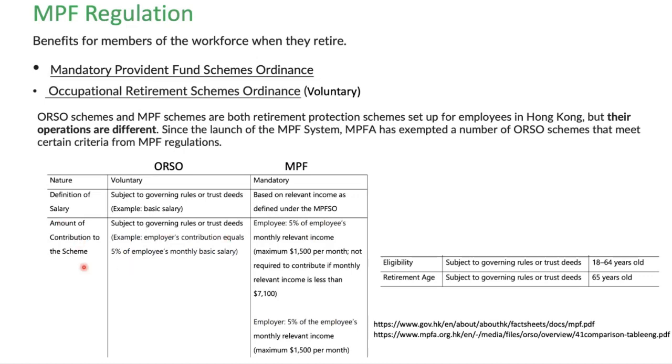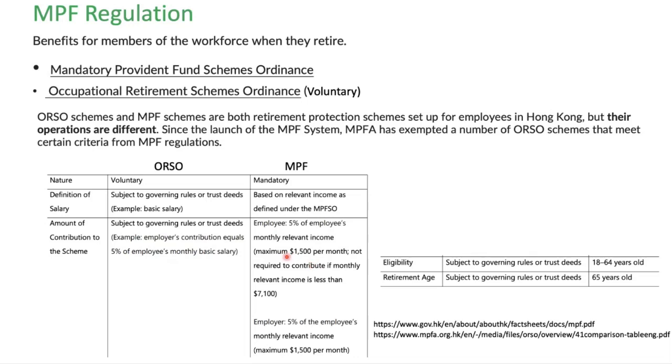What is the amount of contribution to the scheme? For ORSO, it is subject to the governing rules or trustee. For example, the employee's contribution is equal to 5% of the employee's monthly basic salary. And for MPF, it is 5% of the employee's monthly relevant income.